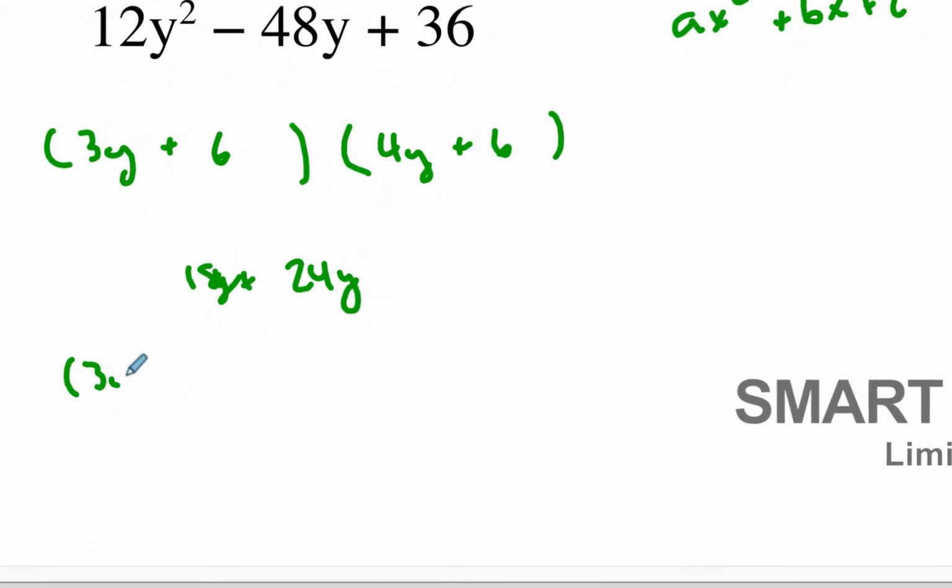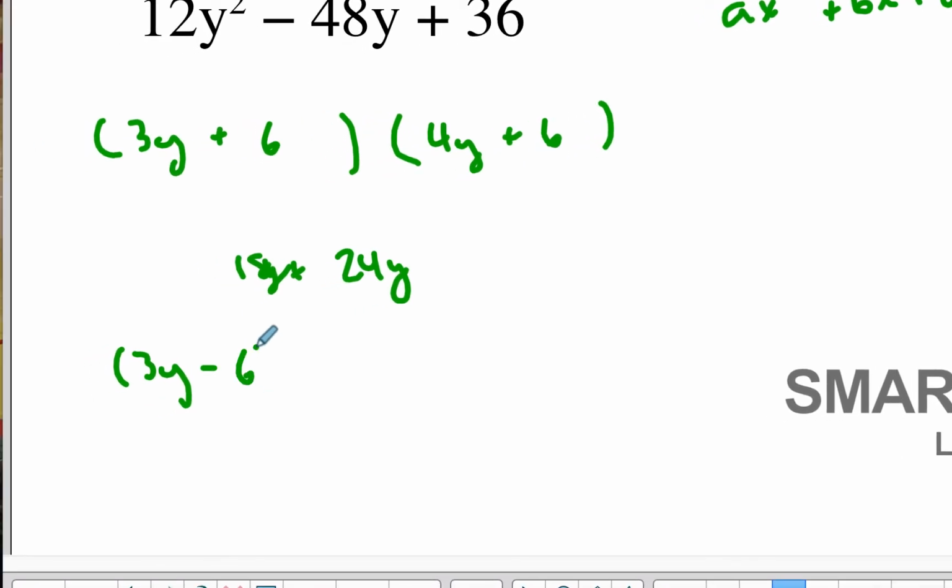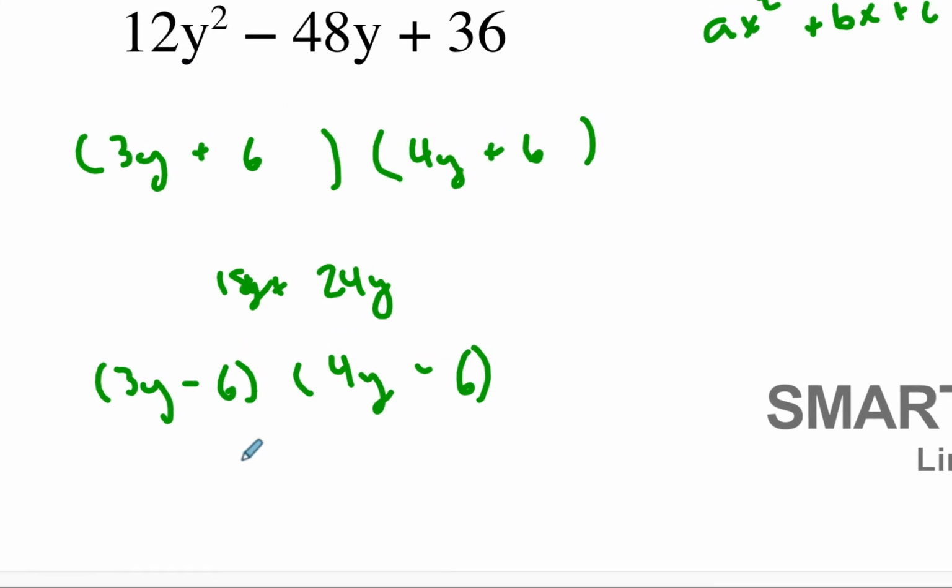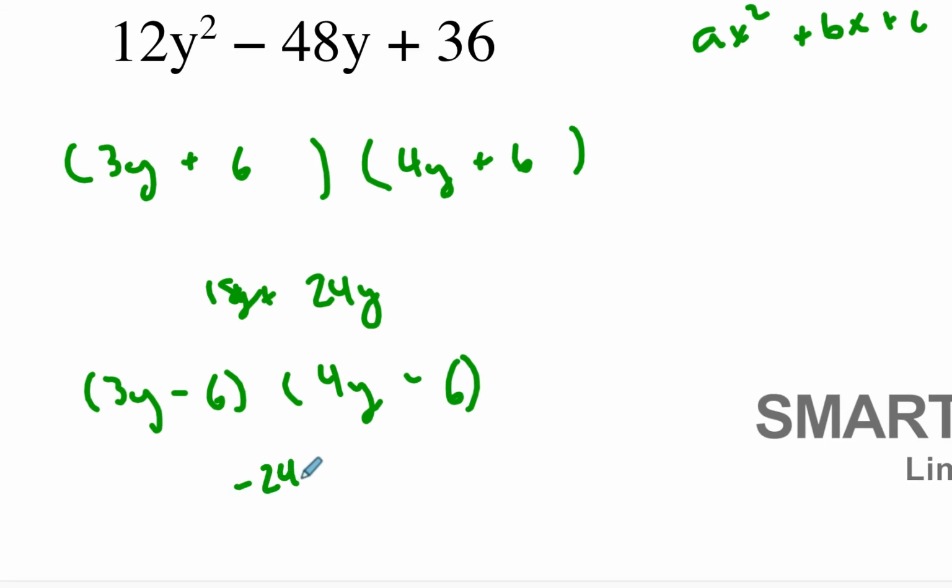If we did 3y minus 6 and then 4y minus 6, I'd still end up with positive 36 for the last term. I still end up with 12y squared for that first term. Now it's just a matter of the middle term. So let's see, that'll be negative 24y, and this will be negative 18y. Nah, that's only negative 42y.